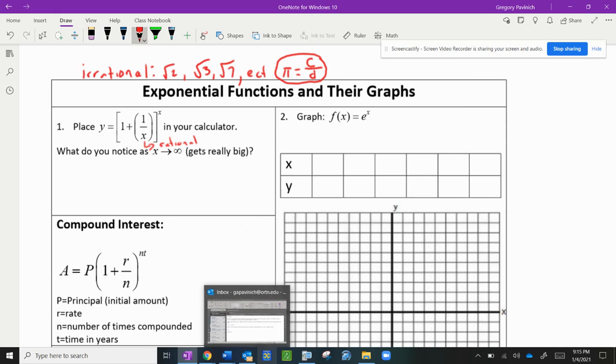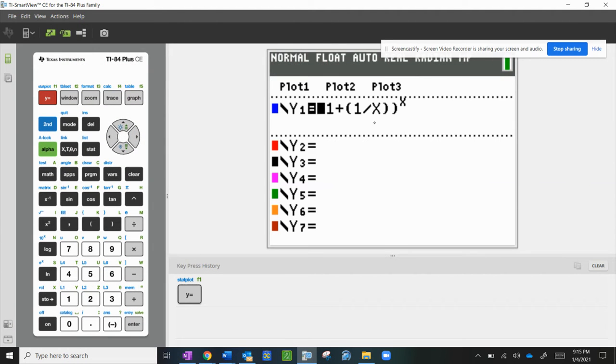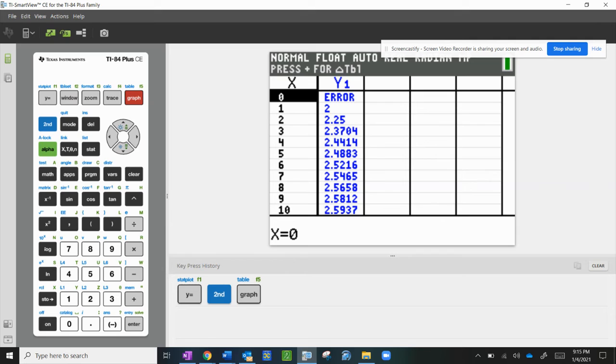So I plugged this already into our calculator, and here is the equation. And then I'm going to go to the table, and we're going to look at what happens. Now notice I can't use 0 because remember I'm plugging that into a denominator of 1 over x. So when I plug in 1 over 0, we already know that's undefined. But what happens as my numbers get really, really big?